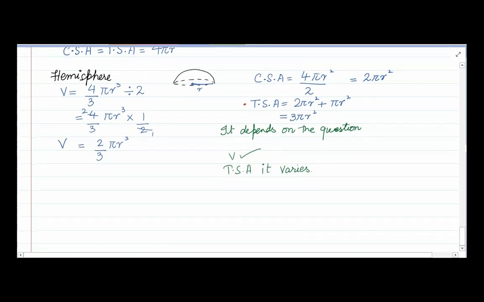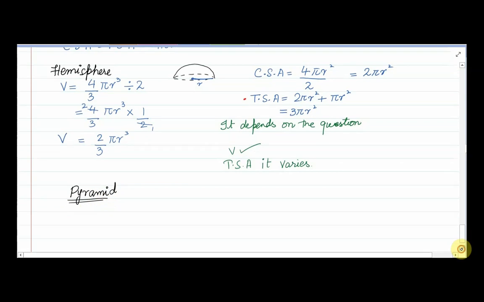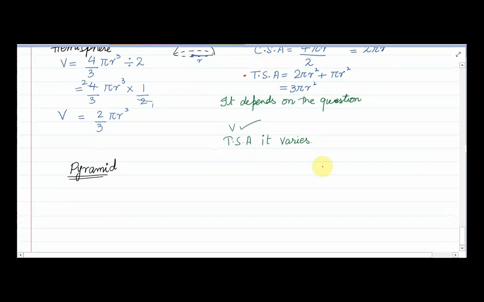Now we are left with one more shape, and the name of the shape is pyramid. But we are going to cover the pyramid in the next class. So what you need to do is make a table, in which you can write all the working formulas, or if you write it in general in the copy without the table, it will be all right.